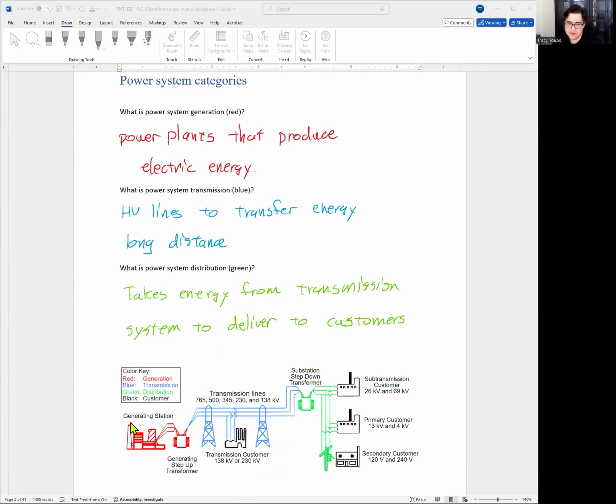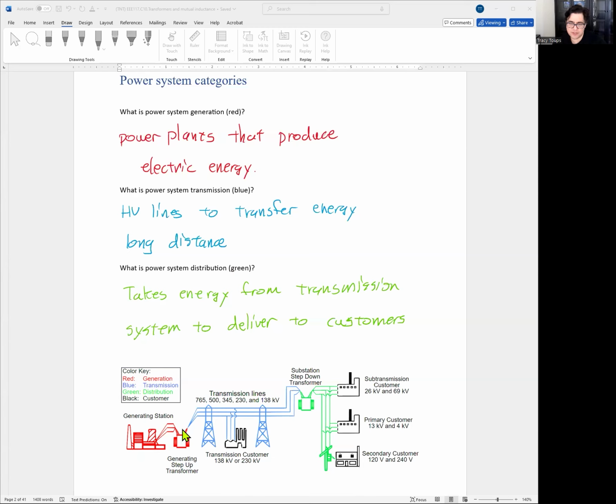Right here you have a generation plant down on the page, and then you have a step-up transformer, which is what we're going to talk about today. This red group is in charge of producing electric energy. Power plants, like this building, produce electric energy for the grid.